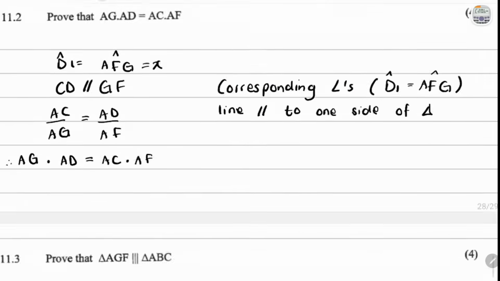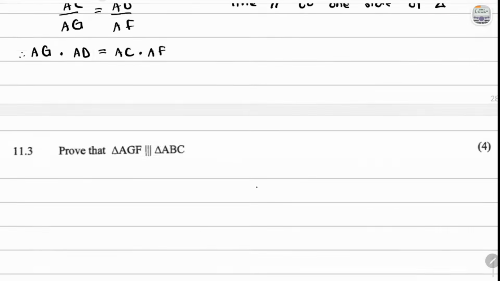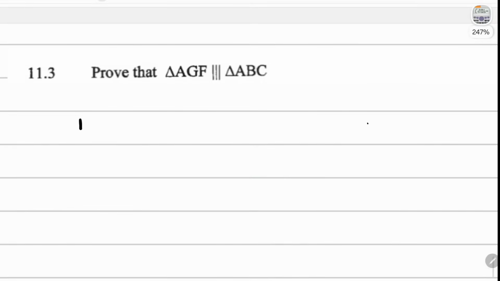Okay, let's go ahead and start writing. So now we're just going to neatly put that down. In triangle AGF and triangle ABC, let's try to keep all the angles in AGF on this side.